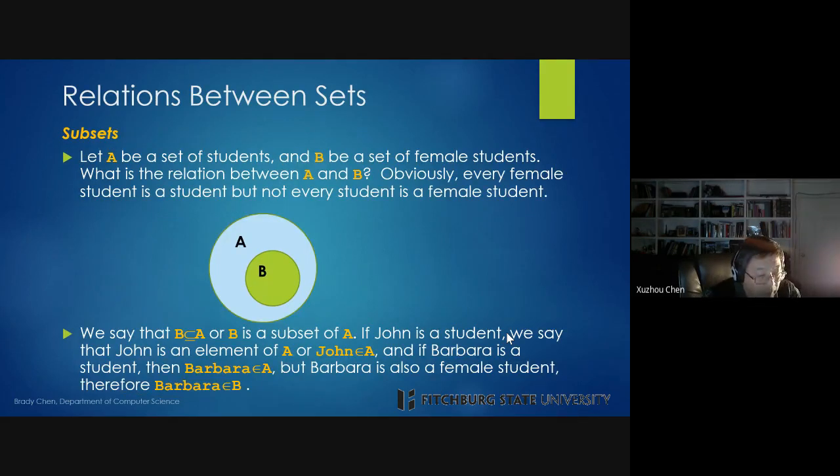Now, it's always easier to use a diagram to describe a set or draw a set. Sometimes to solve a problem, using a diagram will be easier. It just gives you an overall picture of what's happening.